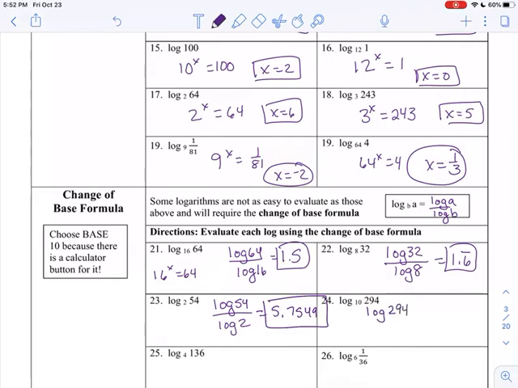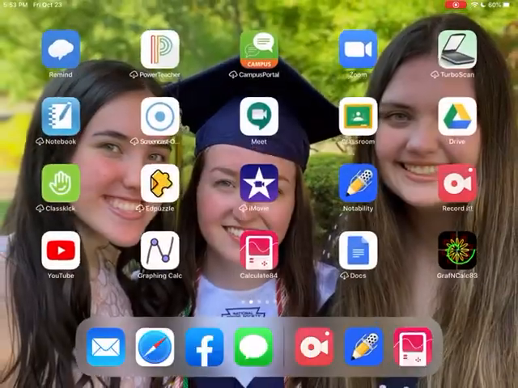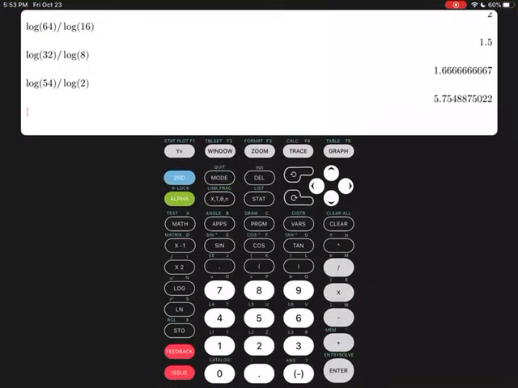Okay. Log base 10 of 294. Now this one's base 10, so you can actually just do log of 294 in your calculator. But if I'm doing my change of base formula, it's log of 294 divided by log of 10.